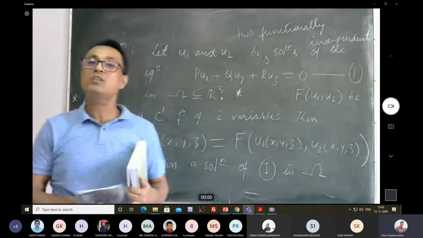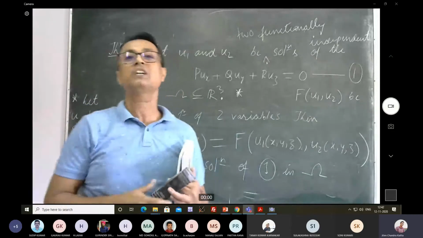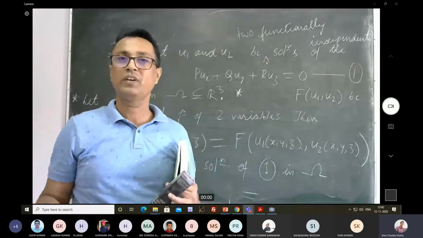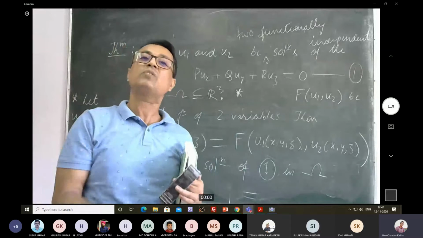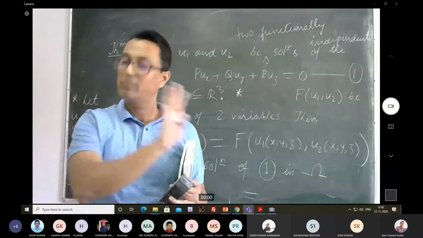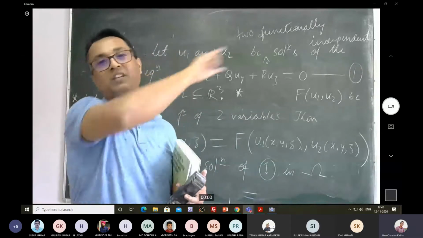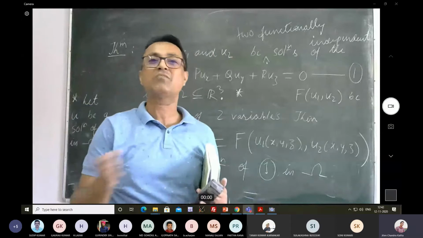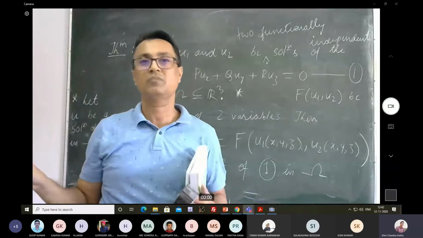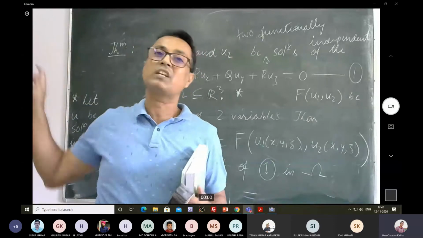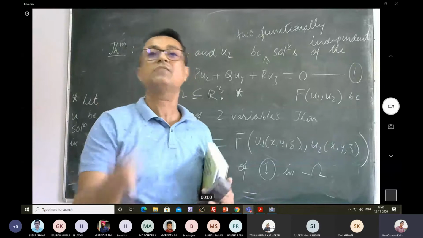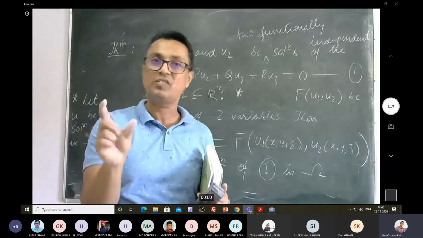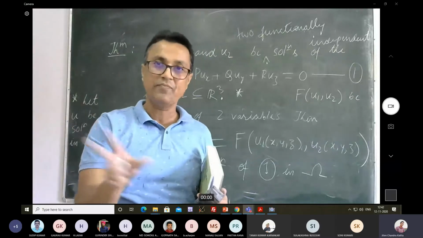The first thing is that U1 and U2 are functionally independent solutions. And then I am talking about a solution U. It is simply a solution of the given differential equation, but I haven't described any other property of it, whereas U1 and U2 are related by the functional independence between them. Is it okay? Fine.